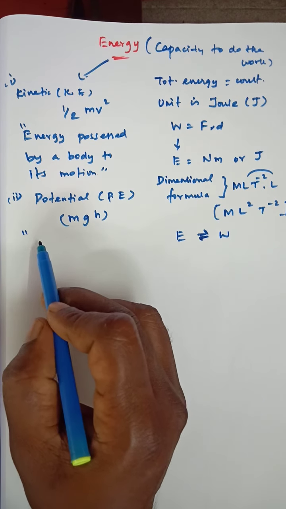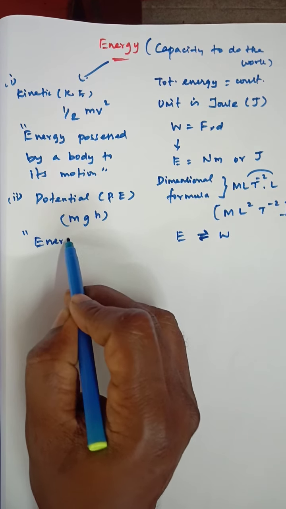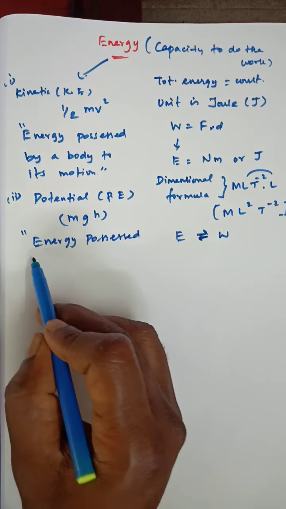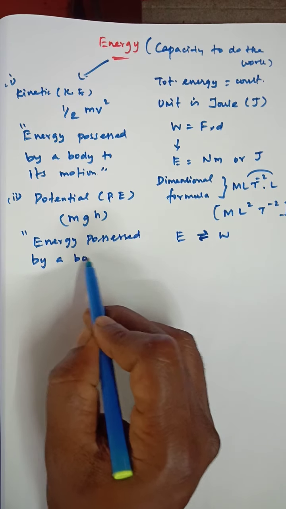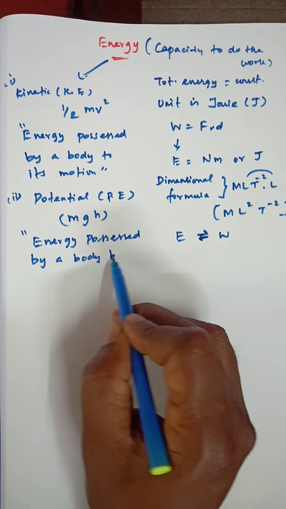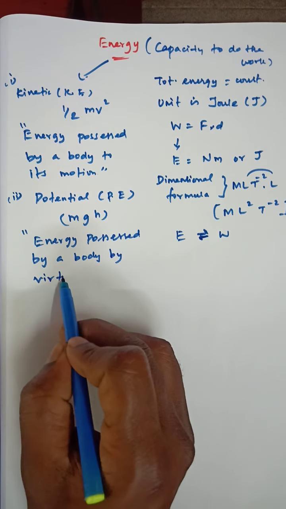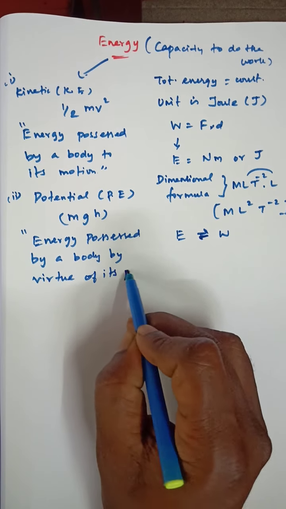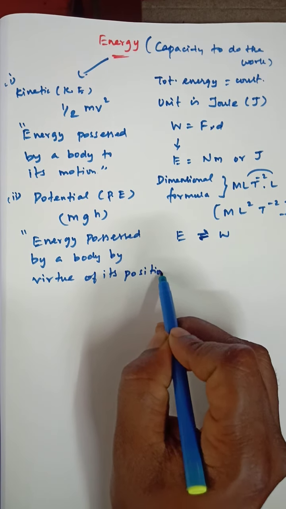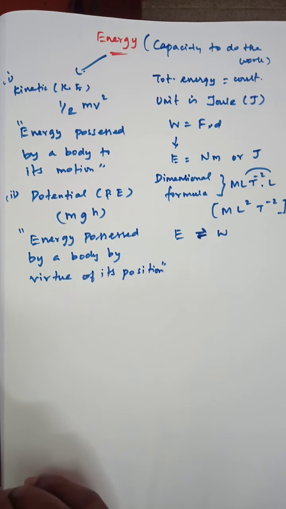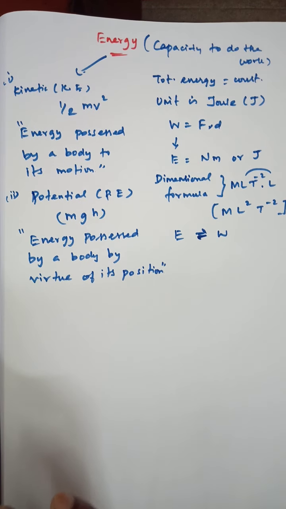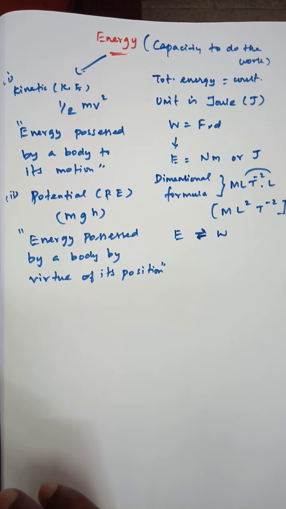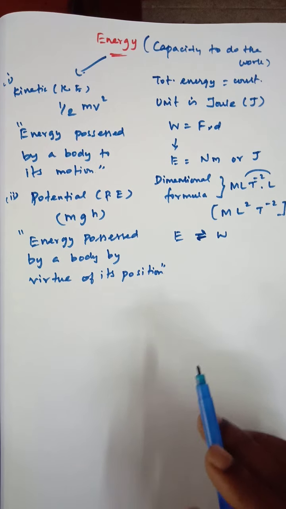Potential means stable. So energy possessed by a body by virtue of its position, that is the meaning of potential energy. Every stable object has energy in itself. Clear? That is the concept of energy and its types.